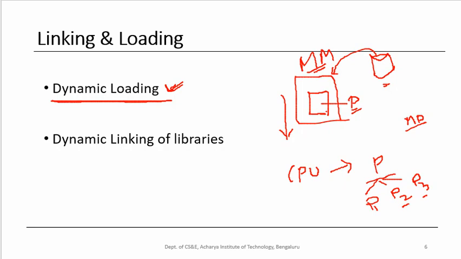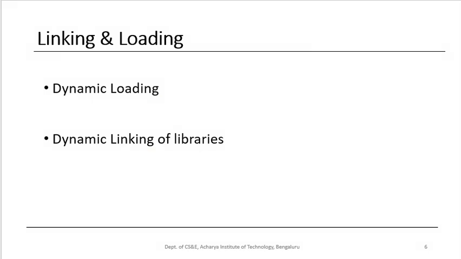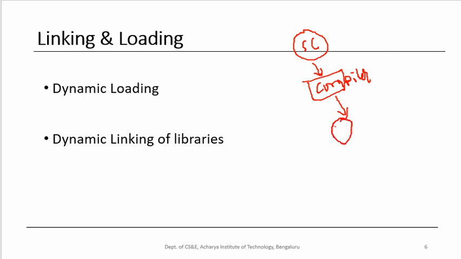Now let's see what is dynamic linking of libraries. You know what linking is. Once the source code is compiled by the compiler, you get the object code. The output of the compiler is the object code, let's say OC.